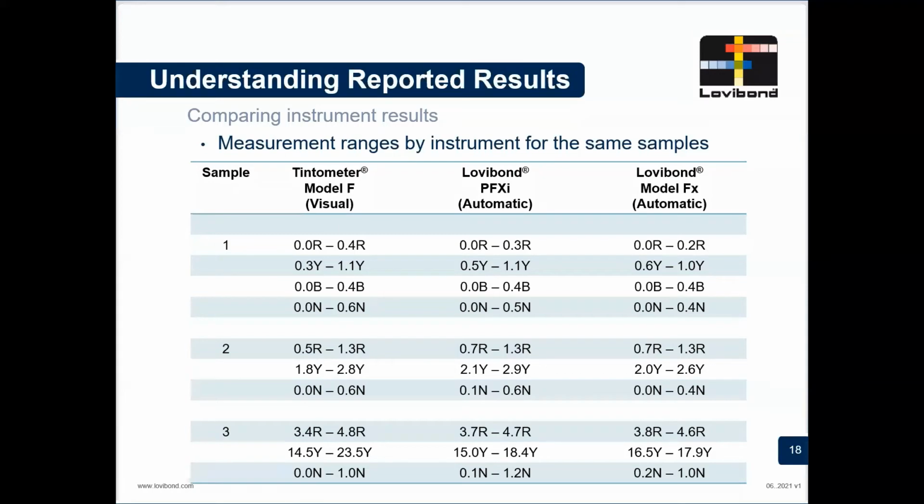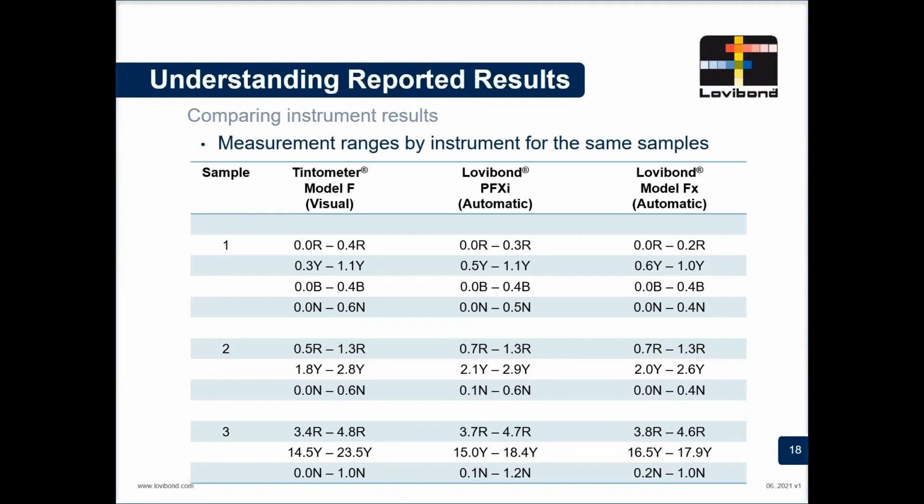So if we compare, what I've done in this table is I've taken the type of repeatabilities and reproducibilities and tried to put a little bit of a tolerance on our measurement values, so I can give a sort of range of my measurements here.